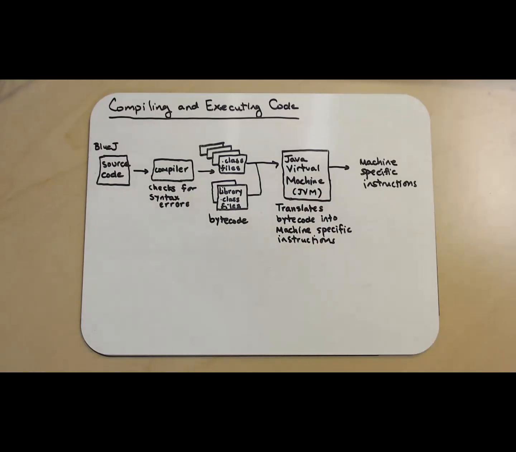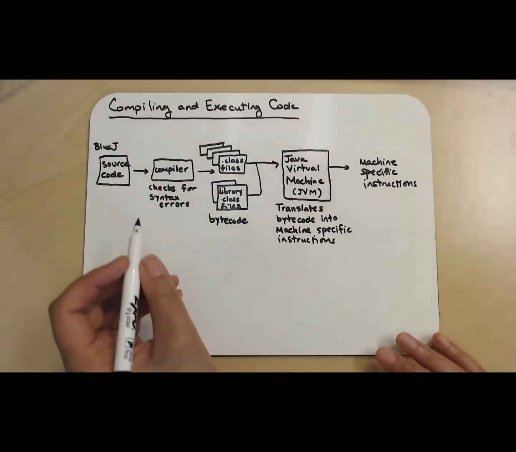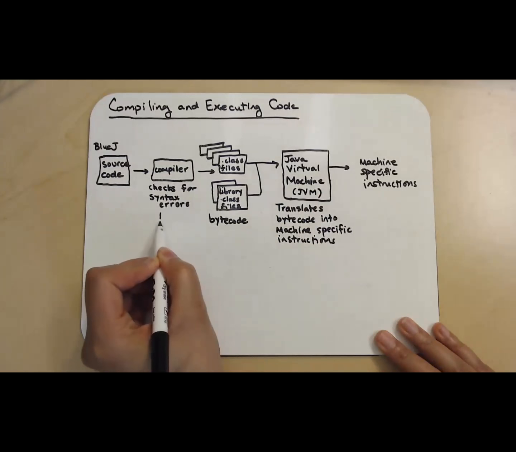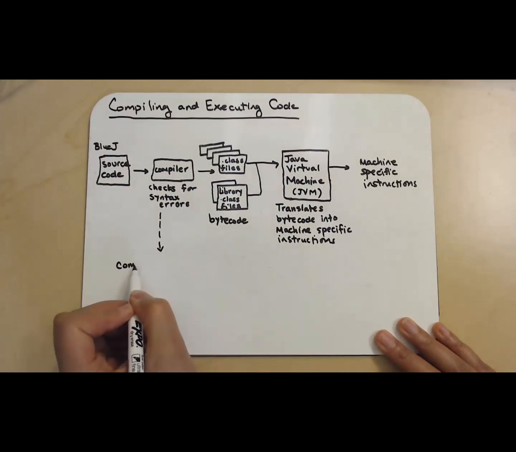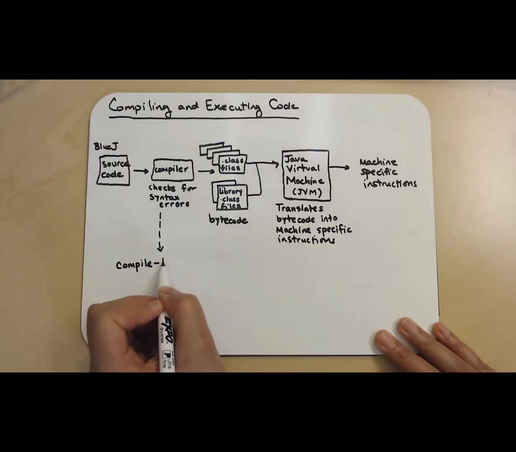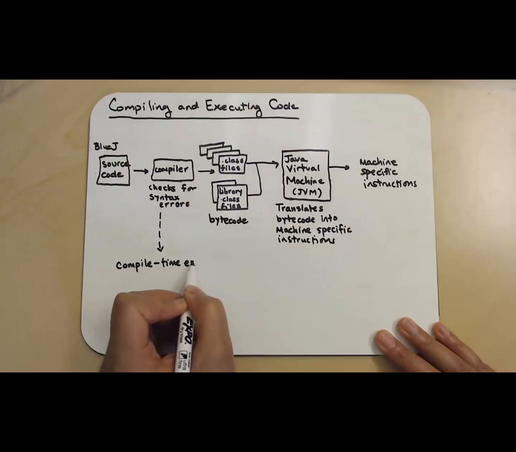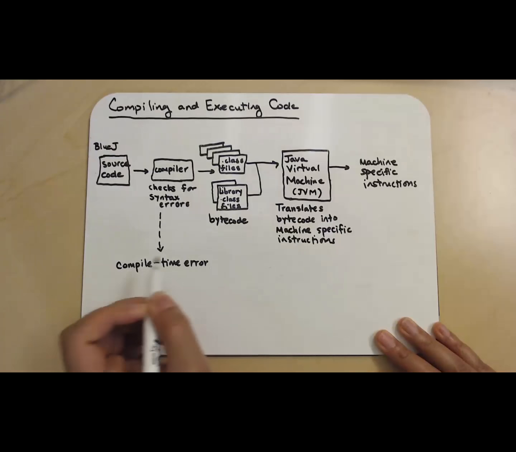There are a few different places in this flowchart, some of which you are familiar with, where things can go wrong. The first place, which you are all familiar with, is the compiler. One thing that could happen is that you could get a compile time error. This means you have a syntax error.